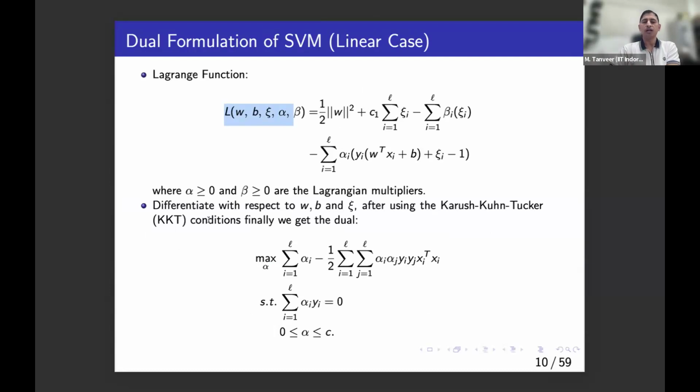Using those KKT conditions, and skipping two more steps, we finally get the dual problem.